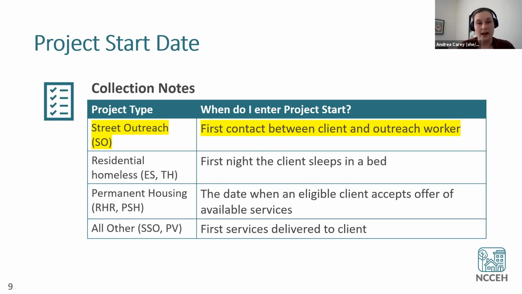And that means that we are entering a project start into HMIS at the first contact between clients and an outreach worker. So that's really different than some of our other projects in HMIS where the services we provide are a bed or financial assistance for an apartment or navigation services.